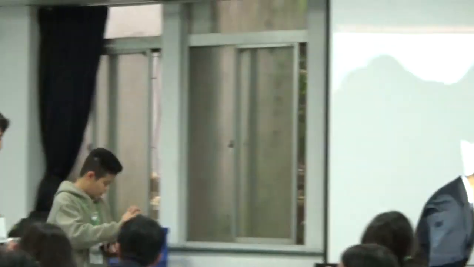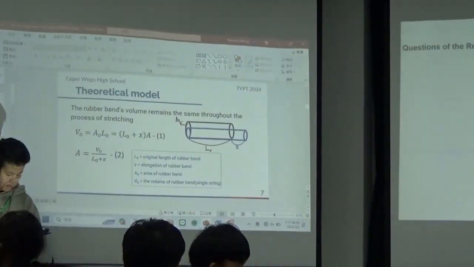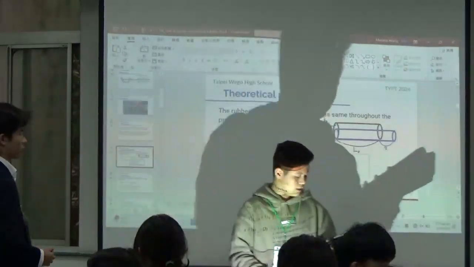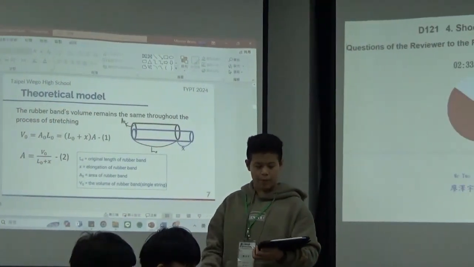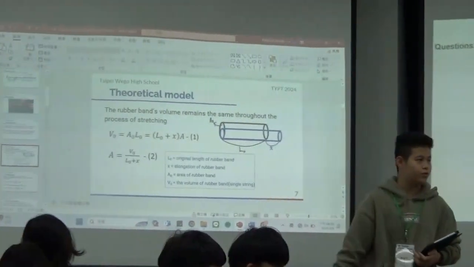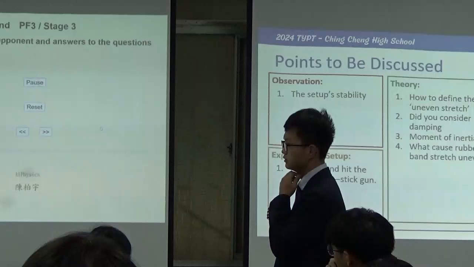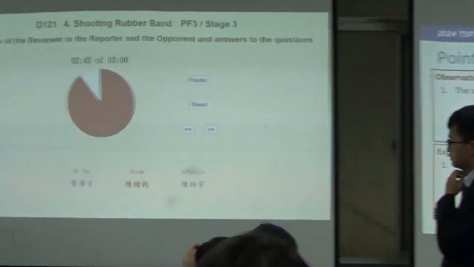And the next question: why is the non-uniformly stretched rubber band stable? You mean an unevenly stretched rubber band? Yes. Why is this stable?